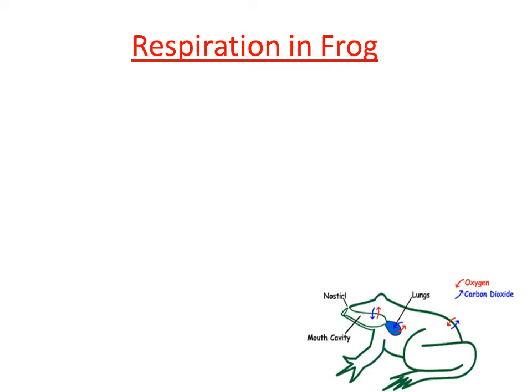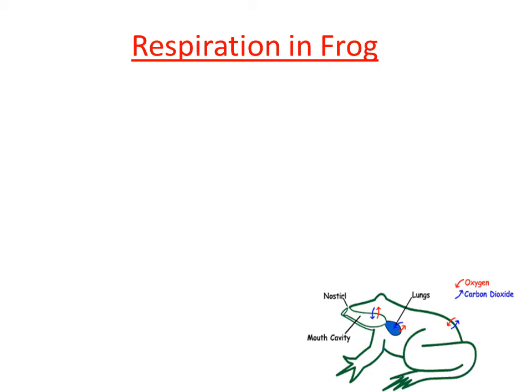We all know one basic concept about the frog, that is the habitat, right? Frog is an amphibian. That means it can live on land and also survive in water. In both habitats, it survives by utilizing different organs for respiration.